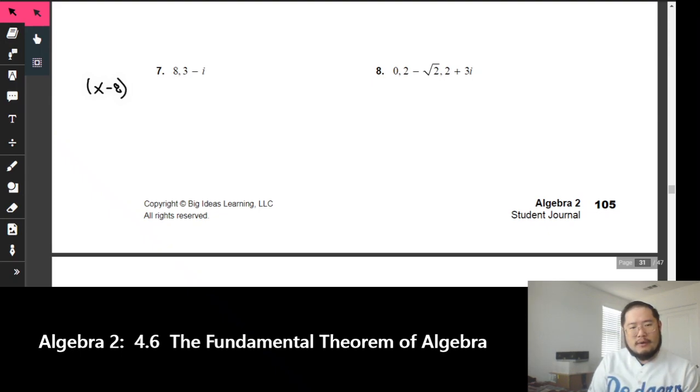The first part right here, we've got x minus, and then we'll have 3 minus i. Then I'm going to have x minus, and the conjugate of 3 minus i is going to be 3 plus i.